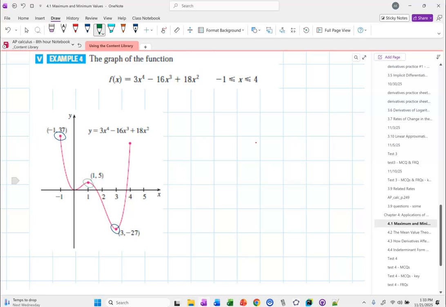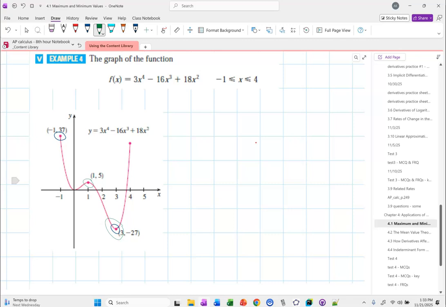How about local minimum? This guy's also local. Again, I can pick an interval around it, and it's the lowest point on that interval. So absolute extrema can be local, right? If they're not an endpoint.